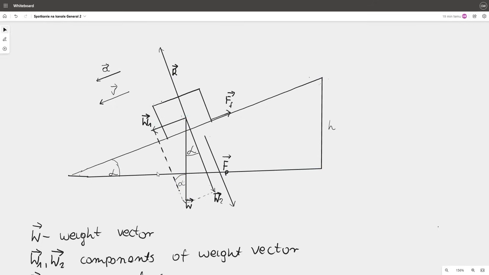Sum of angles in a triangle is 180 degrees, so this angle between inclined plane and weight is equal 90 degrees minus alpha. This angle is the same as angle between component W1 and weight. This angle.